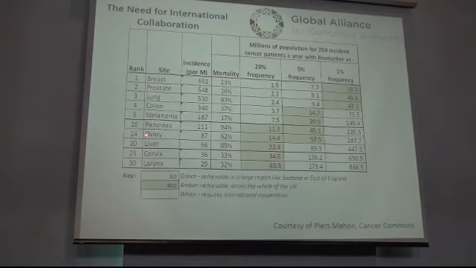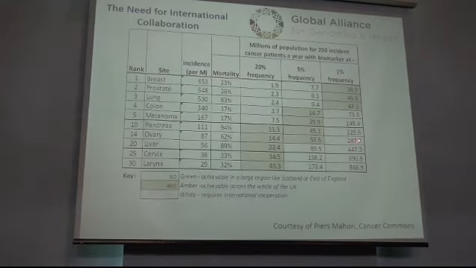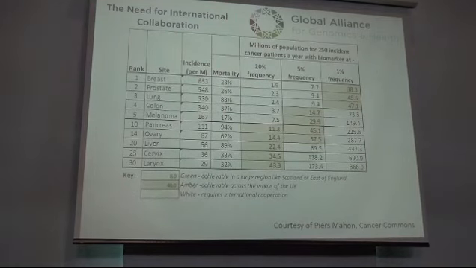When you come down to ovarian cancer, a horrible cancer, if you have a mutation rate of 1%, which is pretty common, then you would need 287 million people to get 250 new cases. That's why we need to collaborate globally.